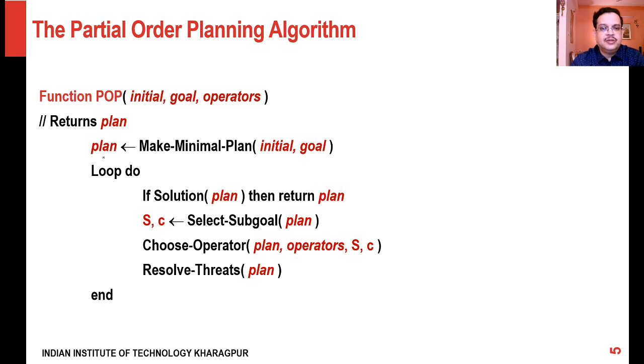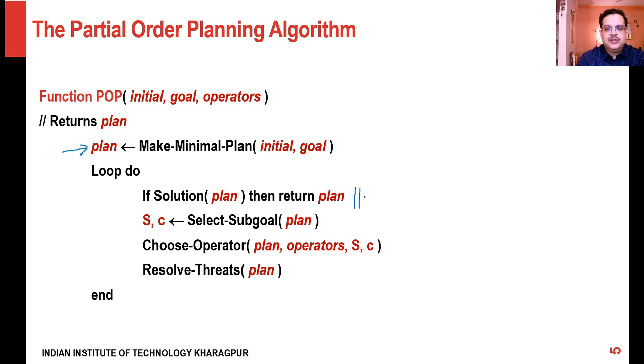In this algorithm, we are starting here with a minimal plan, which is our initial plan. Remember that the initial plan only has the start and finish actions, and there are no other actions. Now in each iteration, it first checks whether the present partial plan that we have is itself a solution.